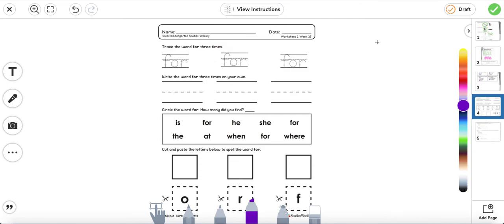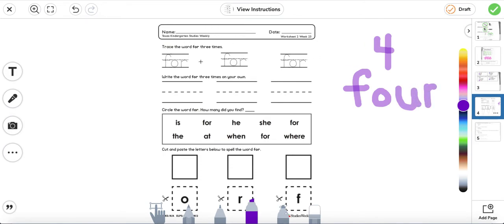Okay? The number 4 is spelled F-O-U-R. So we are not talking about the number. The number 4 is spelled differently. Okay? So this for, we're going to go ahead and trace it 3 times.